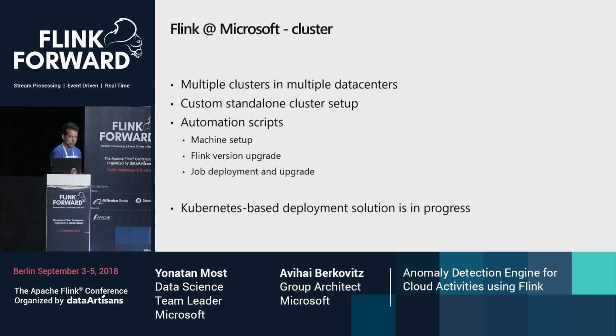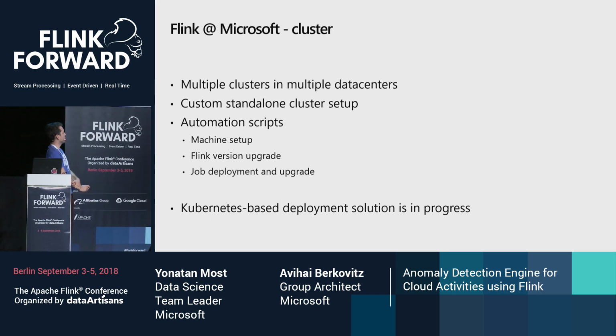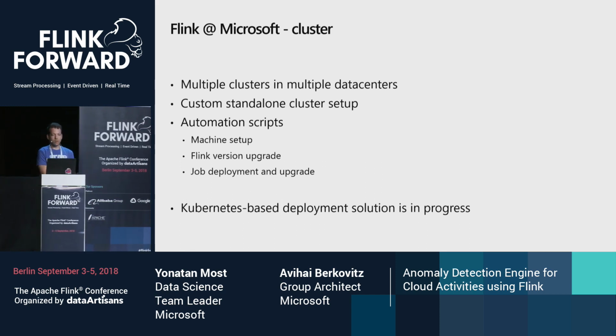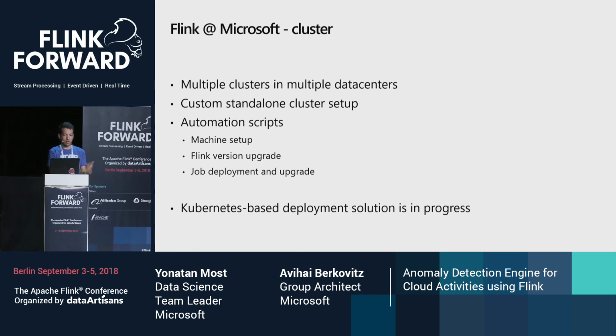Like I said, we have multiple clusters at multiple data centers. What we have now is a standalone setup for the clusters. We just run the Flink services on Linux VMs in Azure. Service installation and configuration is managed by Chef. We have automation scripts, which are just Python scripts that use the Flink monitoring REST API.